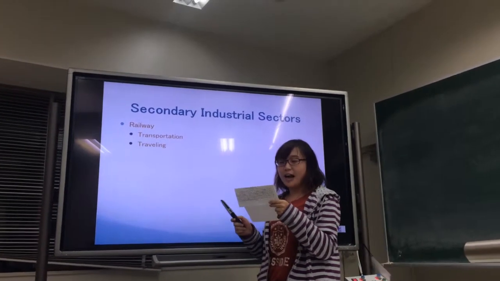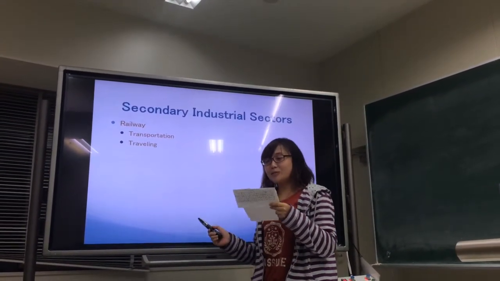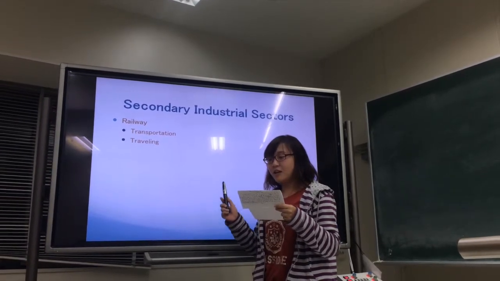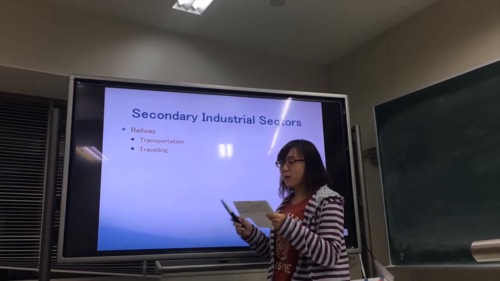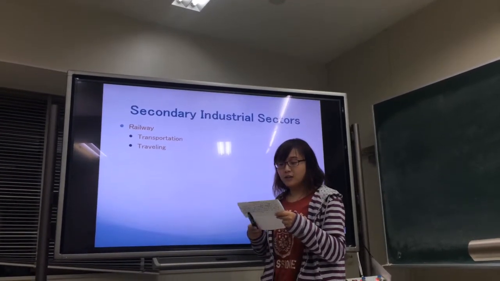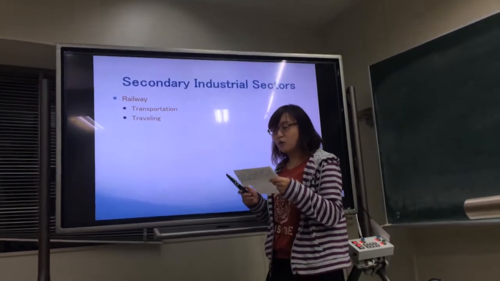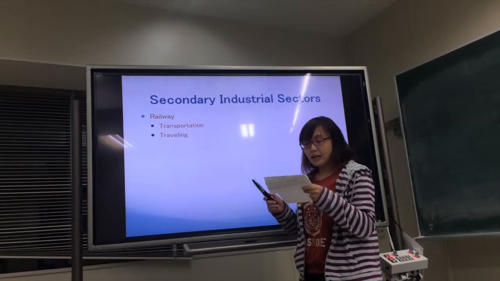Industrialization changed our life. After World War II, Asian economies put emphasis on developing secondary industry to revive the economy. The example I want to give is about the development of the railway. Railway technology can contribute not only to transportation in trade, but also to tourism.